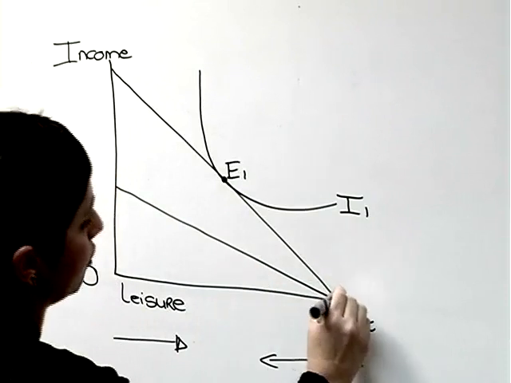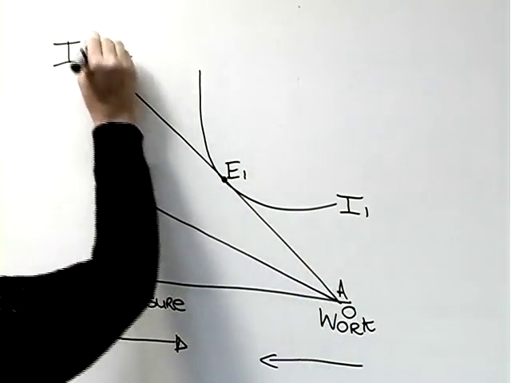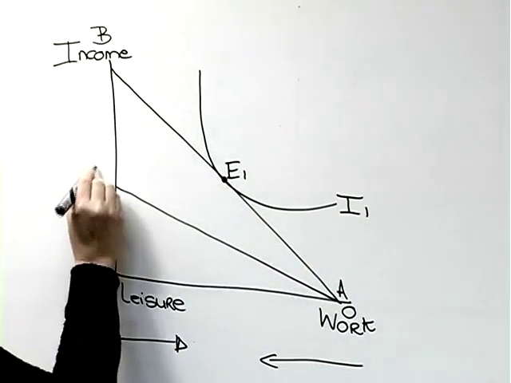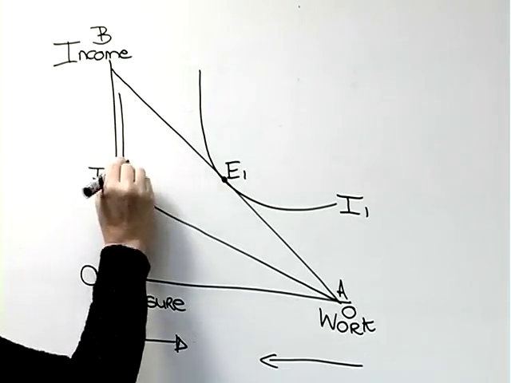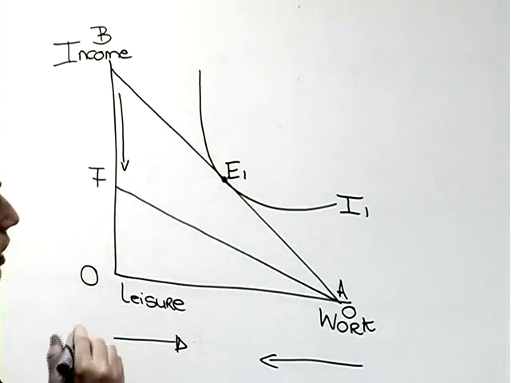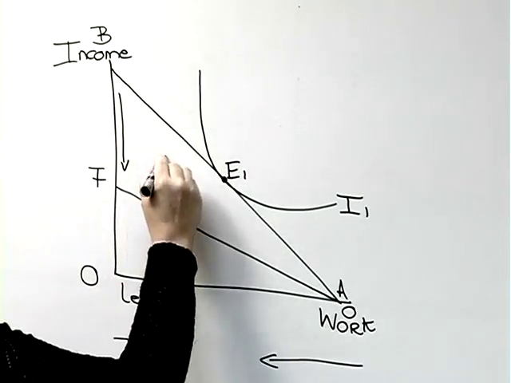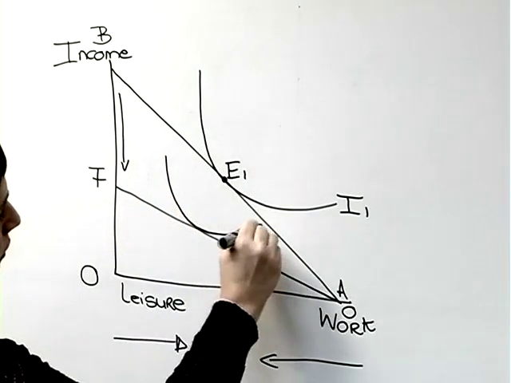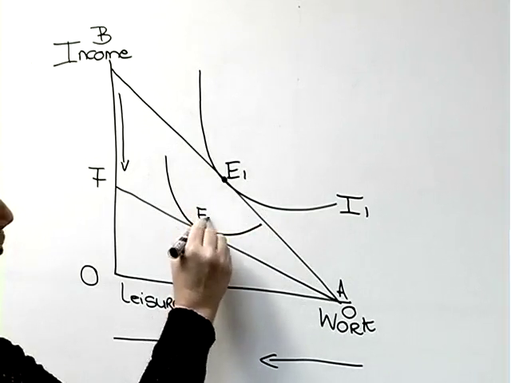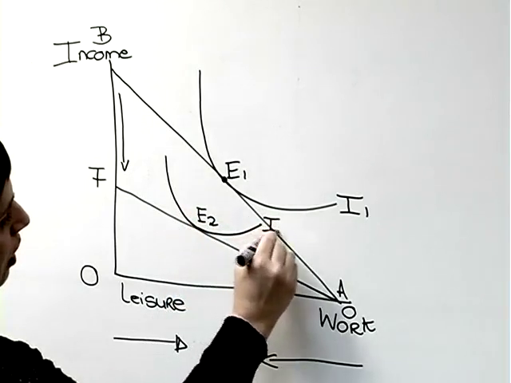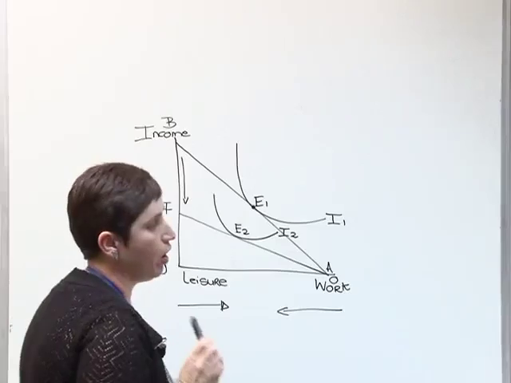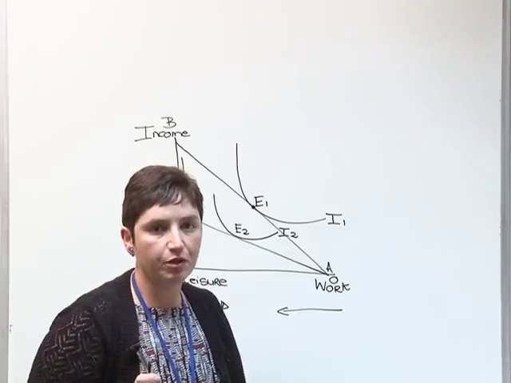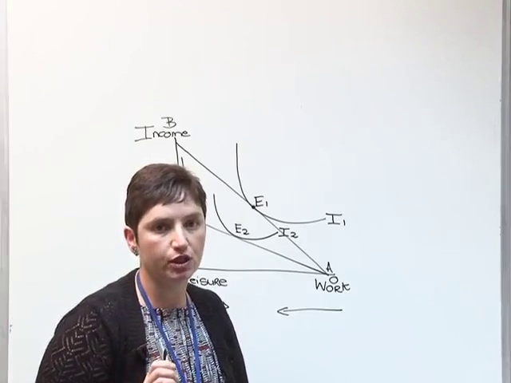So let's say from A, B to A, F, because remember your income is now reducing because of the personal income tax. E2, I2. So immediately what we asked was through the income effect and the substitution effect.